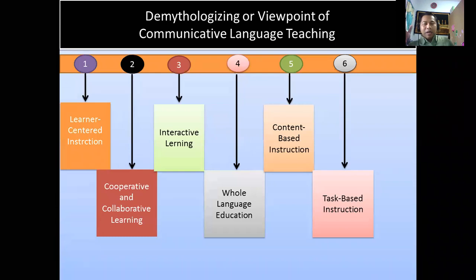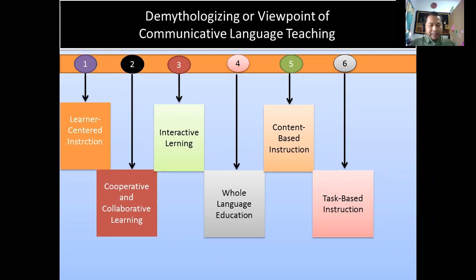For example, you ask your students to interview people in their home using English. This is task-based instructions. The interview is not about studying English, but about using the language with the parents.